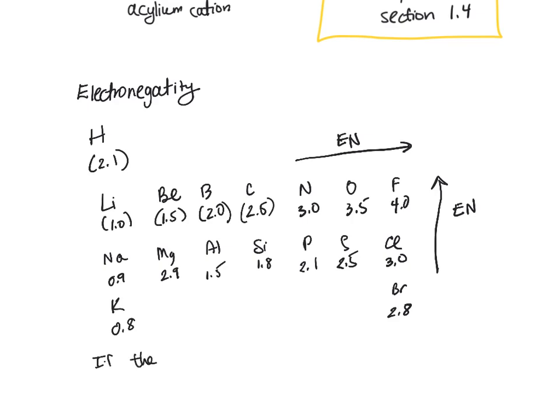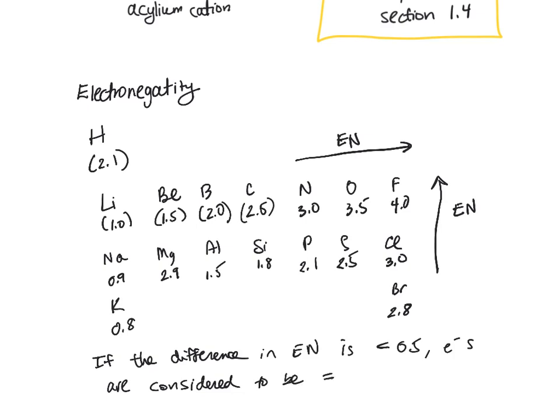If the difference in electronegativity is less than 0.5, electrons are considered to be equally shared. So again, if the difference in electronegativity is less than 0.5, bonds are considered to be shared.